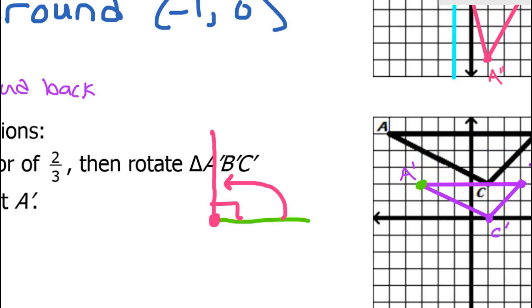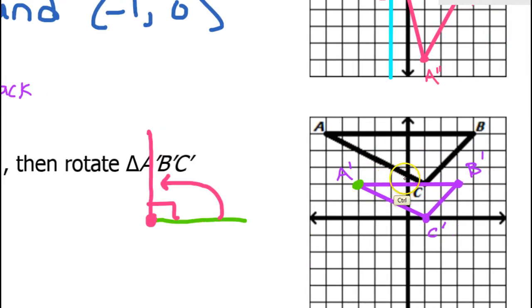So B prime is going to go from being horizontal, and notice this is 6 apart. So if I rotate 90 degrees counterclockwise, it should be 6 straight up. So this is going to go off the graph a little bit. So this is 4, this would be about 5, and this would be about 6.